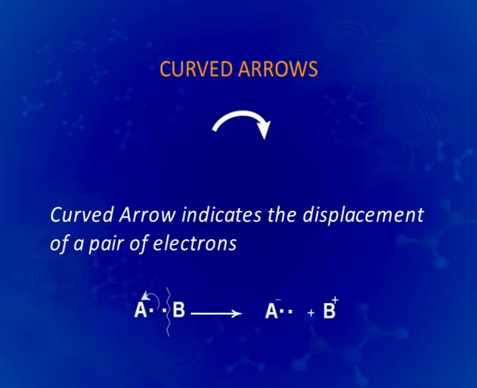You can see here in this general example, wherein we showed heterolytic cleavage, the shared pair of electrons moves to A. Now the direction of the head is towards the atom which is electron deficient or which has the tendency to attract this particular electron pair. As a result, it gets a negative charge.